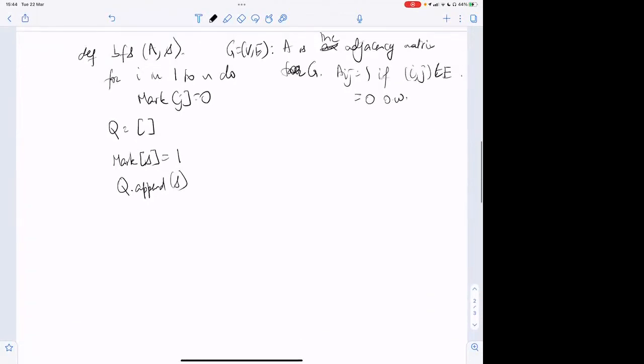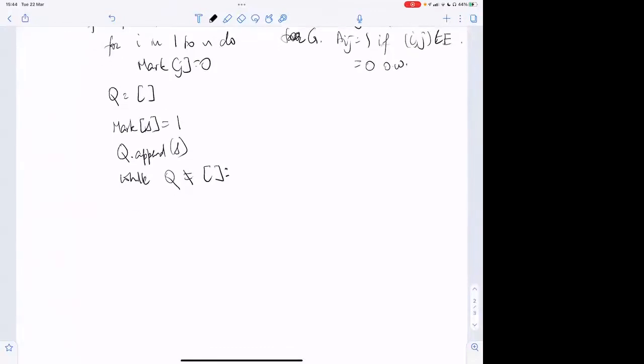And now, while Q is not equal to empty, you take out an element from Q, Q.extract head, and call it V. Now you have to look at the neighbors of V, correct?